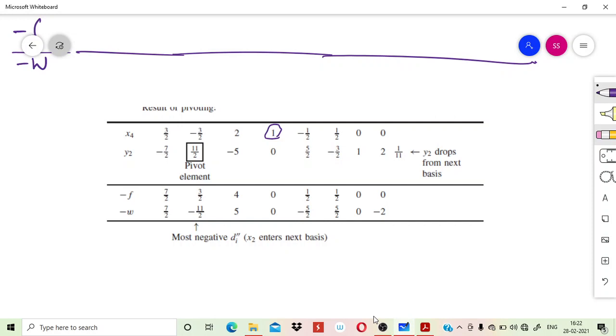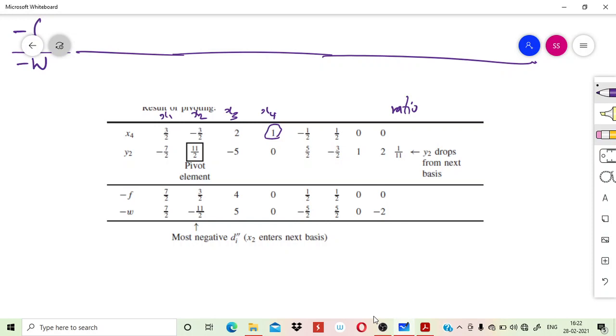This is x1, this is x2, and this is x3, x4. So the entering variable will be x2. For the leaving variable, you have to fill the ratio column.